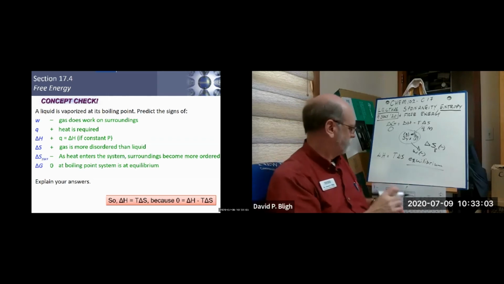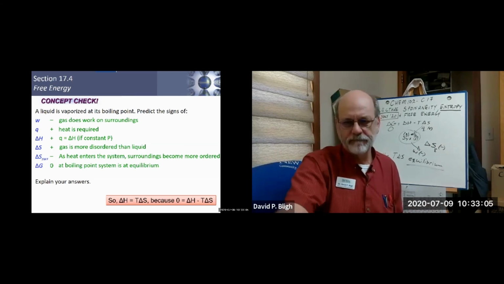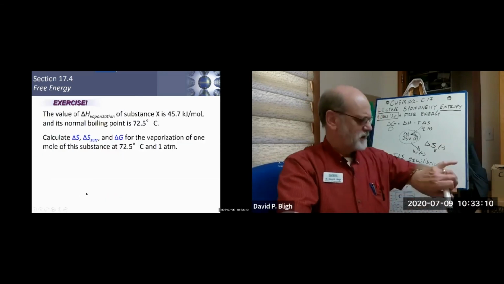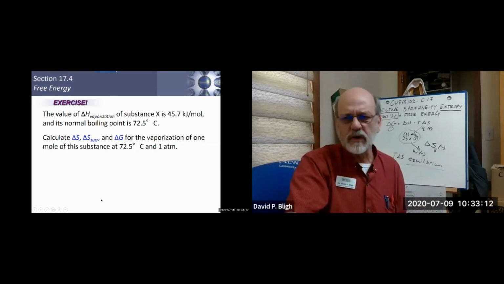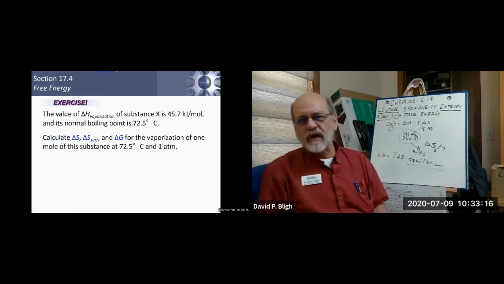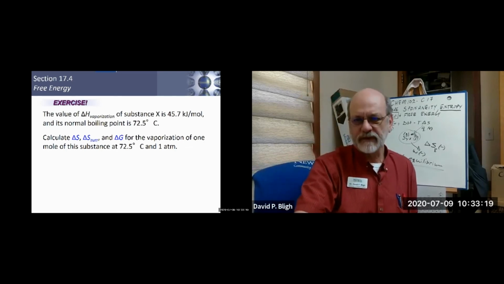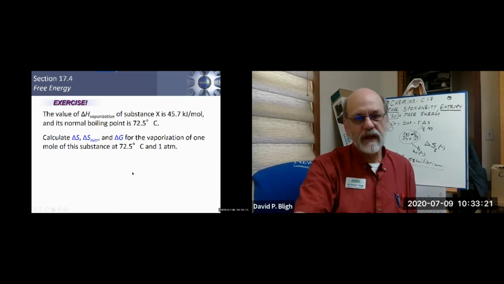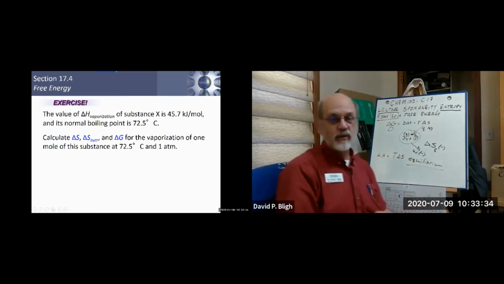Let's see. I'm going to do it on time. Time's okay. So let's try this problem. The value of enthalpy of vaporization of a substance, whatever it is, X, that's the substance, is 45.7 kilojoules per mole. And its boiling point is 72.5 degrees.